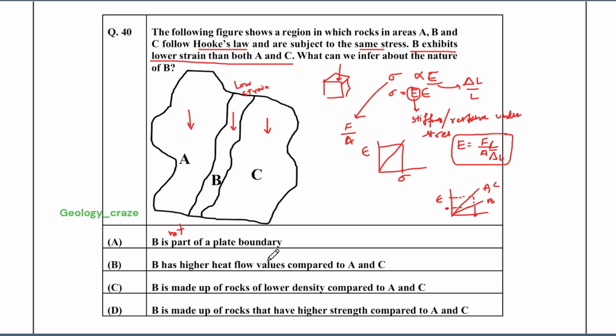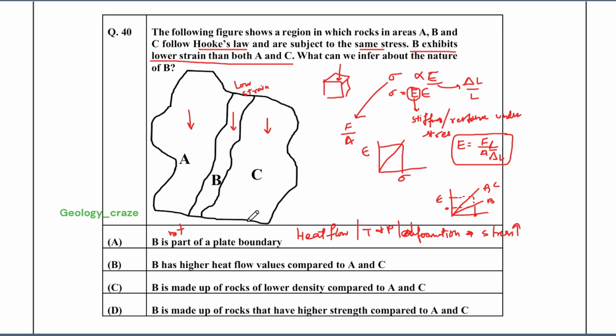Because at a plate boundary, heat flow, temperature and pressure are more, and deformation is also high. If deformation is high, it means stress is more at boundaries.